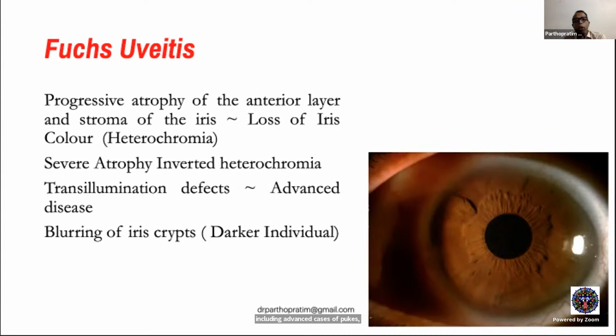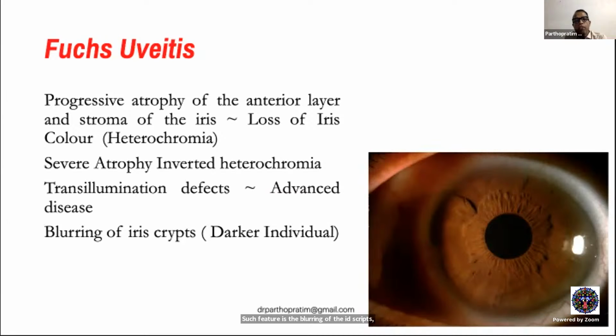But the most important point for the darker individuals: in dark color irises, this change of color is very subtle and may not be appreciated easily. So you have to rely on the various other clinical features. One important such feature is the blurring of the iris crypts, especially at the collarete.